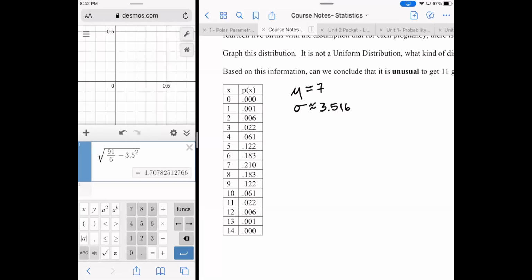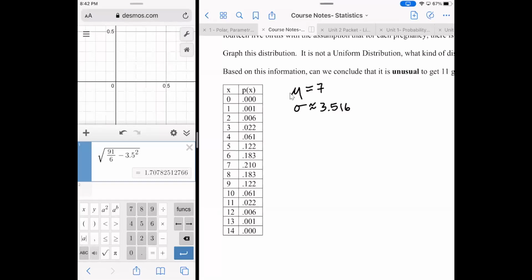All right, so let me go back to the other screen. Bring it up. All right, so this is the mean and the standard deviation.